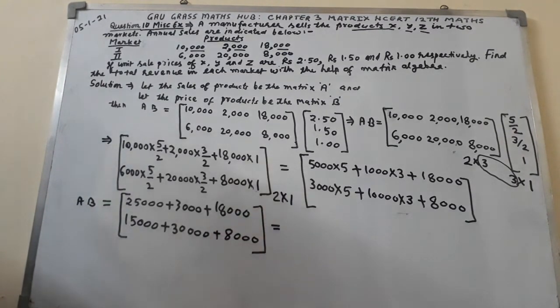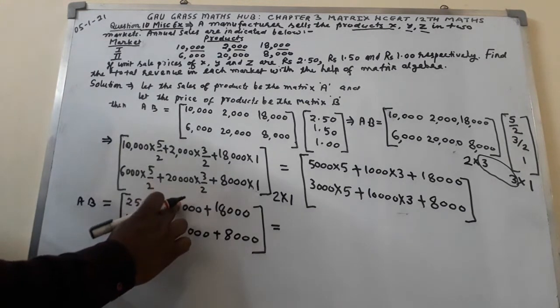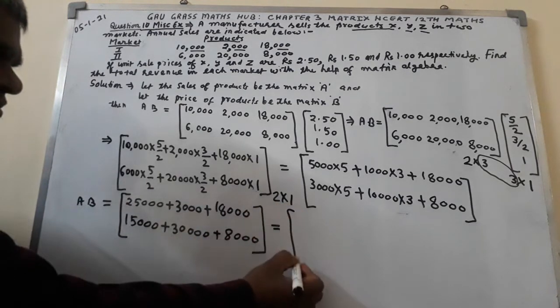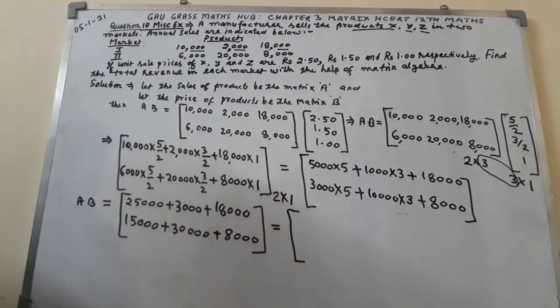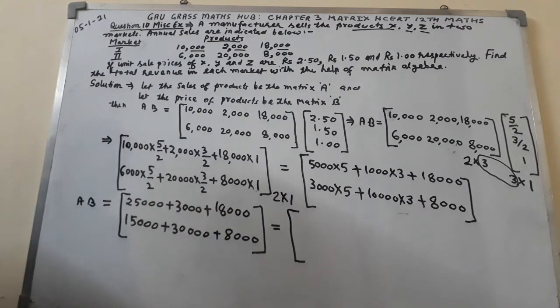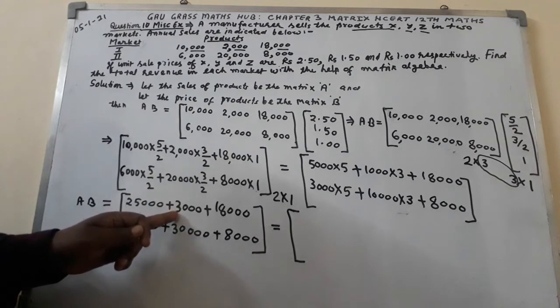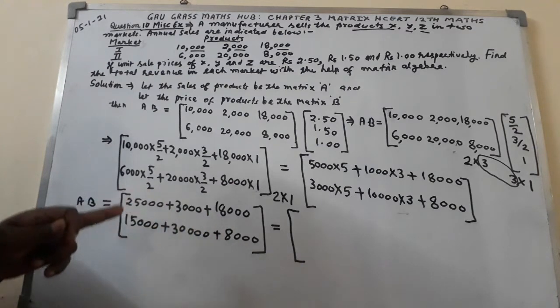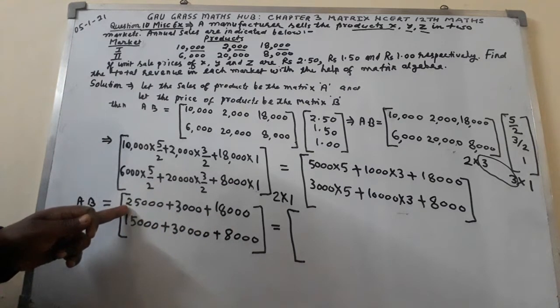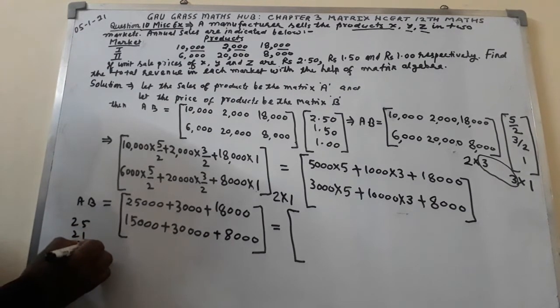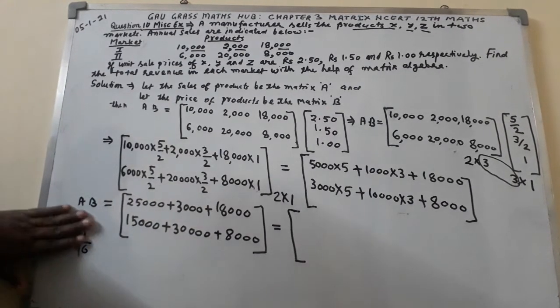Now add: 18 plus 3 comes out to be 21, and 25 added to 21 gives 46.